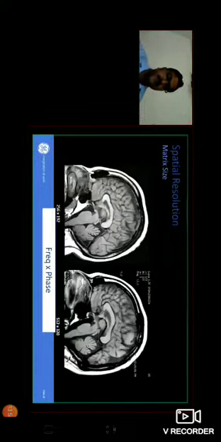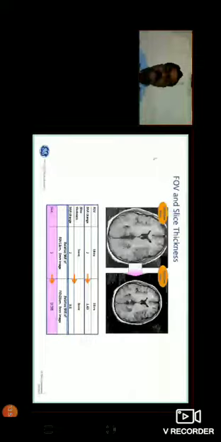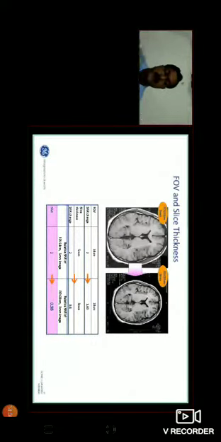So what's happening with the slice thickness and FOV? I change both parameters. You can see here the first image with an 18 centimeter FOV with 5 mm slice thickness. I reduced the slice thickness to 3 mm. What happened?